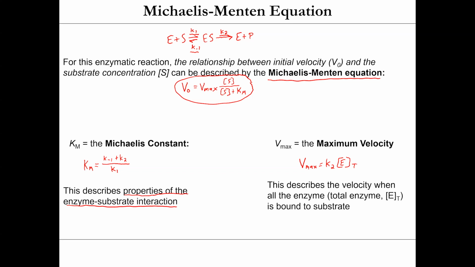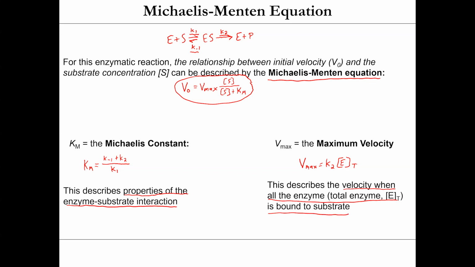That will be known in these experiments because you're putting in a set concentration of the actual enzyme. So this describes the velocity of the reaction when all of the enzymes, the total enzyme concentration, is bound to the substrate. That's as fast as the reaction can possibly go.